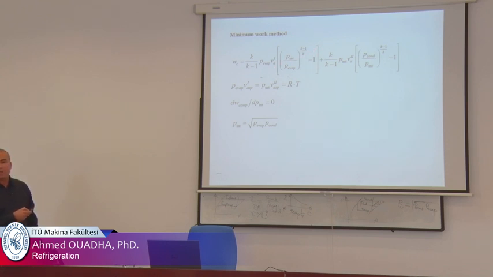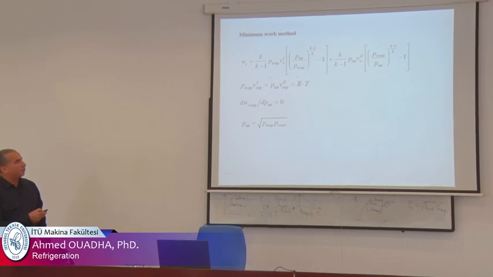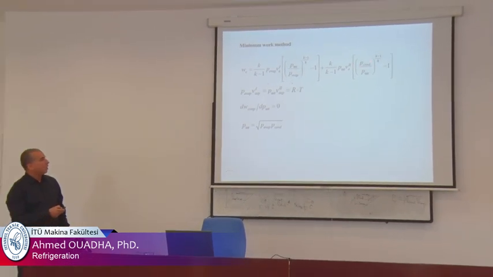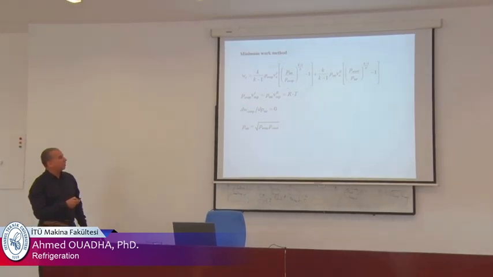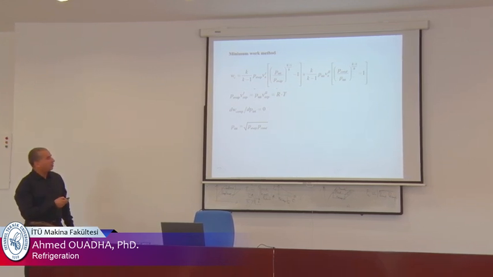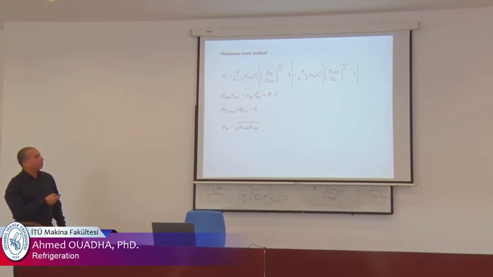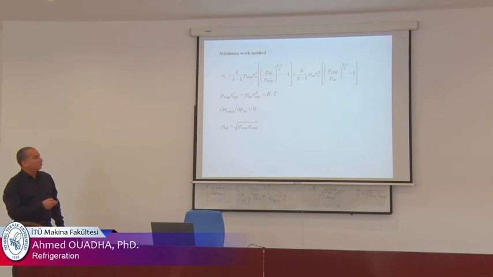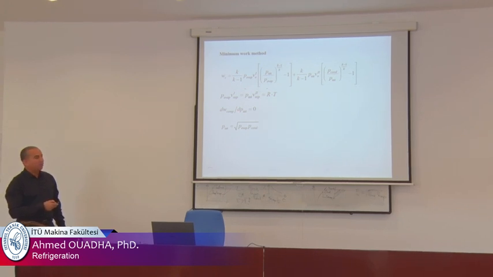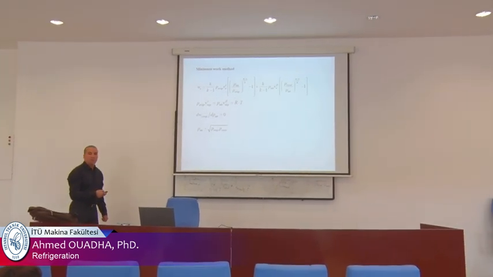So for an ideal gas, the work is given simply by this formula. This is for the first stage, this is for the second stage. And with the assumption that the temperatures at the inlet are the same, we can write this one. And to get the minimum, we differentiate this quantity and set it equal to 0. And we obtain this formula for the intermediate pressure, which is not correct.